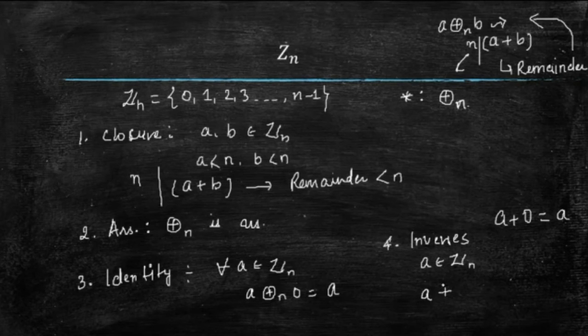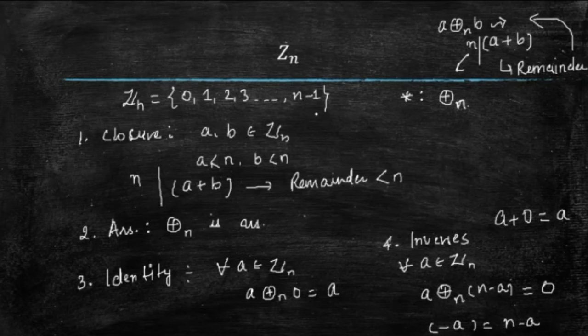All I need to find is a member of Zn such that when I apply this binary operation, I get 0. If you look very keenly, you will find that if I add n minus a to a in ordinary addition, the answer will be n, and when you divide n by n, you get the remainder 0. So for every a in Zn, the inverse of a, minus a, will be n minus a in this case.